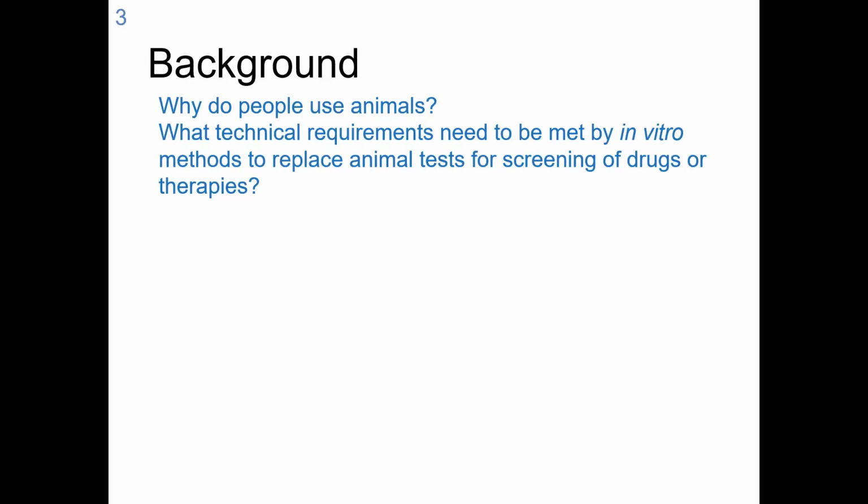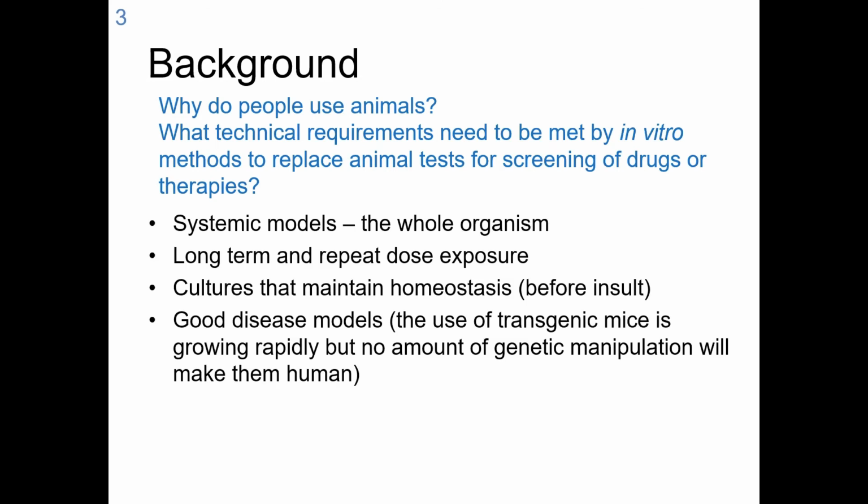Yeah, there we go. So why do people use animals? And if we're going to replace animals by in vitro, what do we need to be achieving with the in vitro methods? Well, I think the big attraction of animals is that it's a complete systemic model. You've got the whole organism there with liver and kidney and everything working together, and you can metabolize drugs and chemicals.